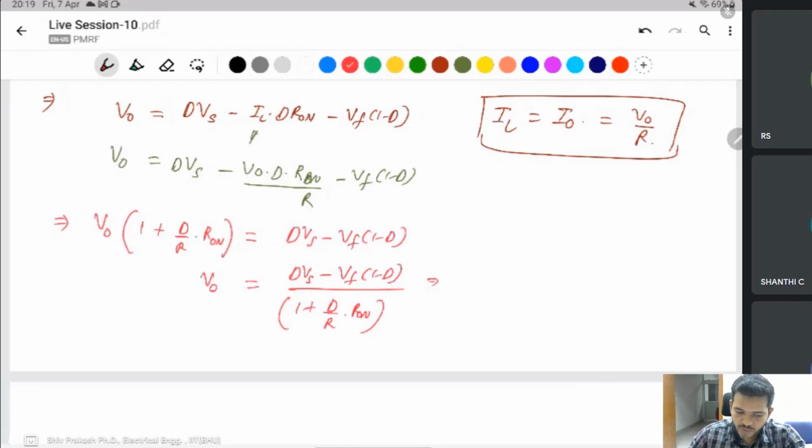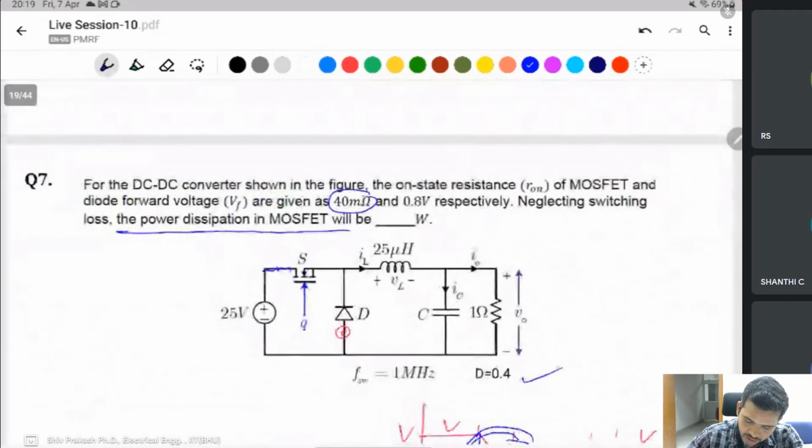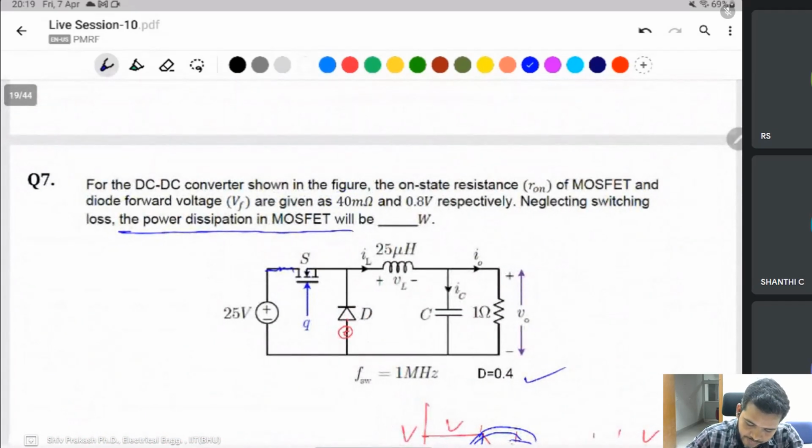After that, calculate the output current. Then you can calculate the RMS current of the switches. Now what is given in the question? The MOSFET on resistance is 40 milliohm, the diode forward voltage is 0.8 volt, and the duty ratio is 0.4.